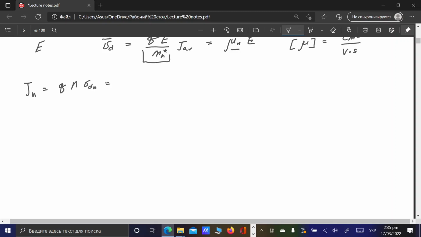And in terms of mobility, drift speed is mobility times electric field. So it will be q times n times mu n times electric field magnitude.